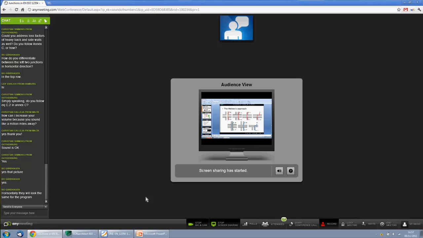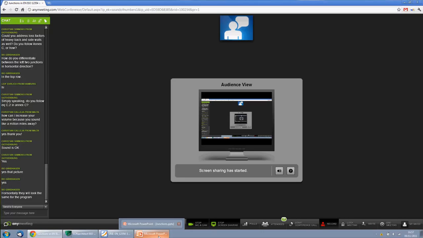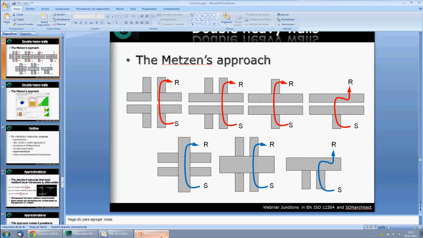Well, maybe I understand. Do you think that they are the same, these junctions, if they are considered horizontally? But I have just put the source and the receiver in a specific place. And SONarchitect always considers the source and the receiver in different places.